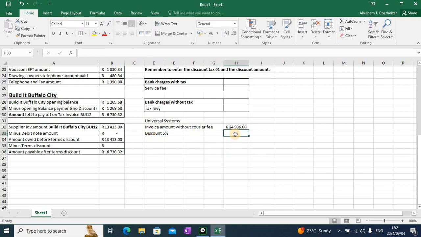So I'm going to say equals 5% multiplied by 24,936. That is my discount. My amount after discount is going to be that one minus that one.